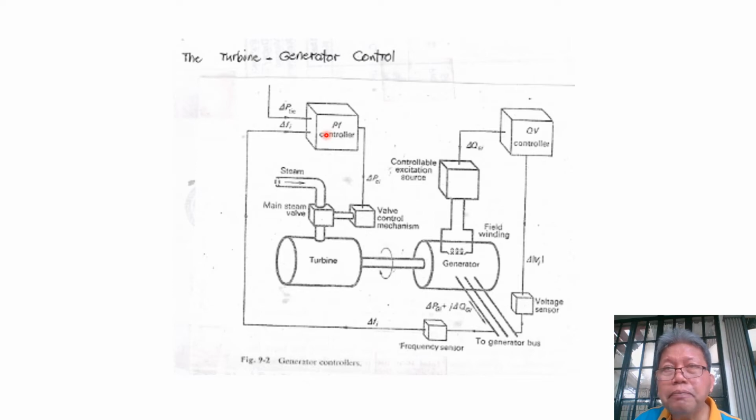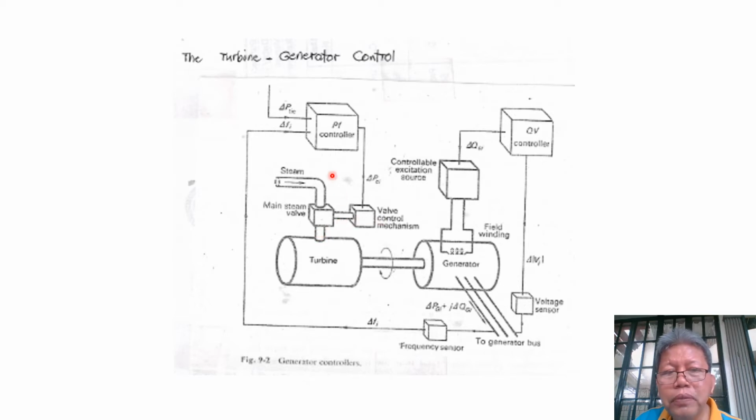It will be amplified and then sent as an output of our PF controller. And so we have here the command signal delta PCI. This is the command signal that goes to the valve control mechanism to command it either to open or to partially close the main steam valve.